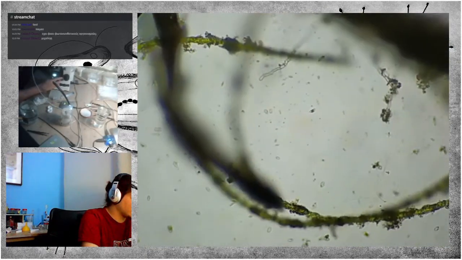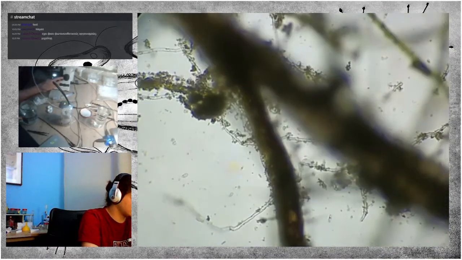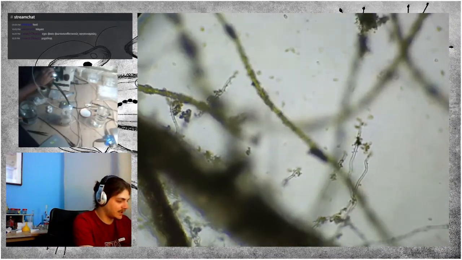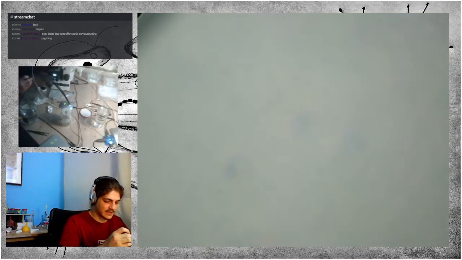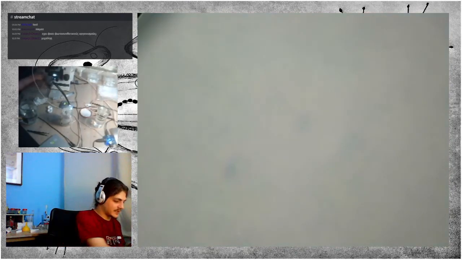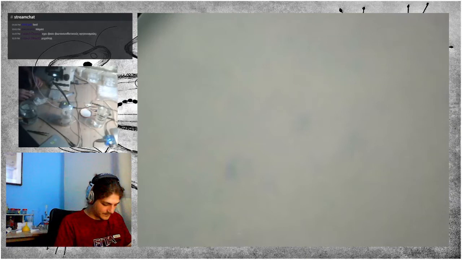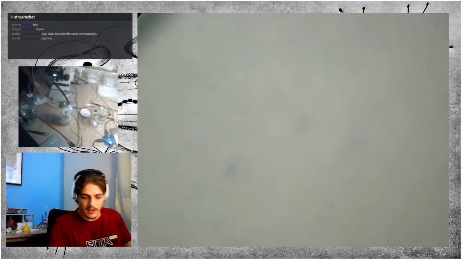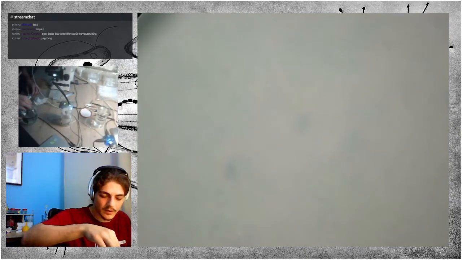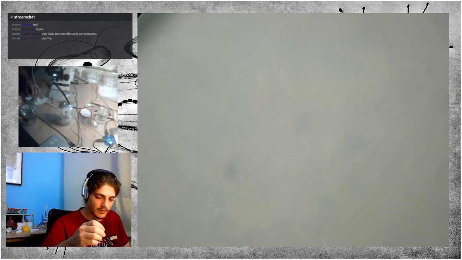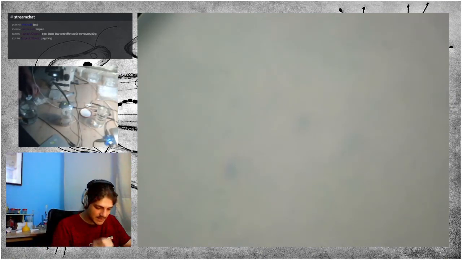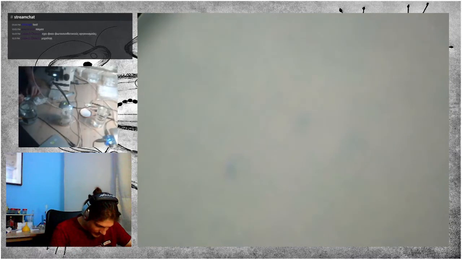Let me refill the slide with water. And then we'll go to the next slide, the next sample. Generally, when you change water from the slides, when you do some precise things, like for example what I'm doing now, it's generally best to keep the sample, the slide, steady.